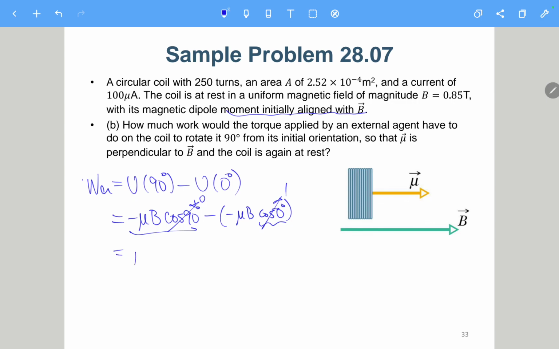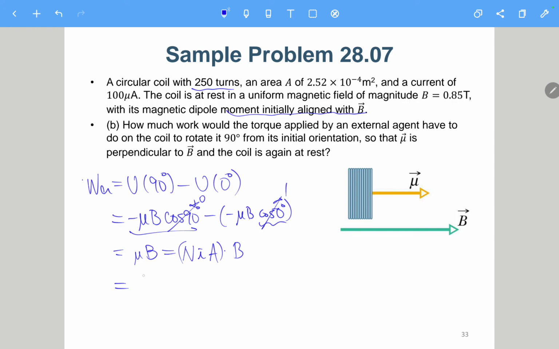Finally it is nothing but mu times B, and mu is n times I times A, and then times B. So we can plug in all the numbers.